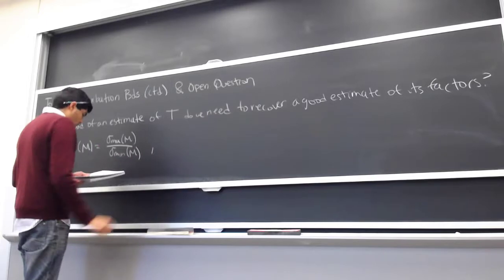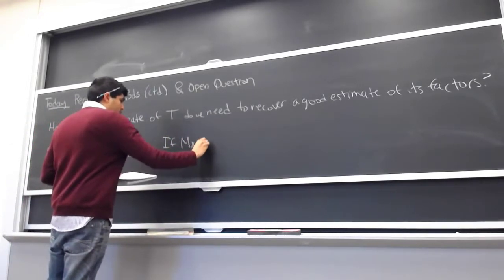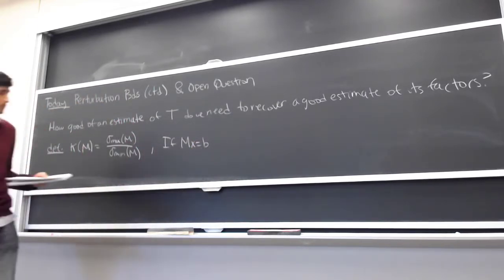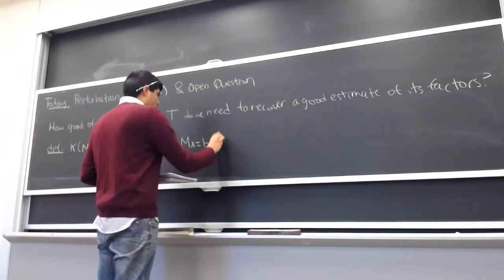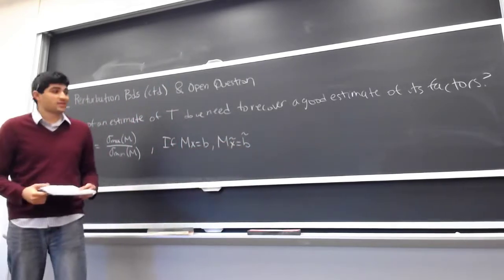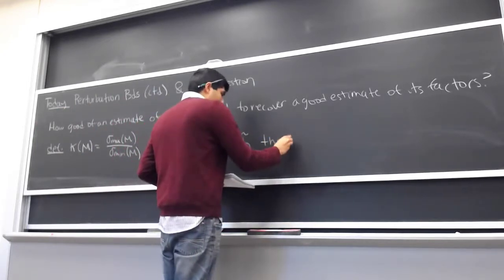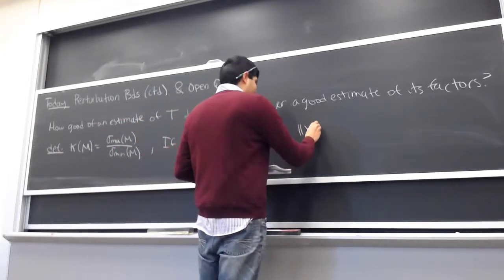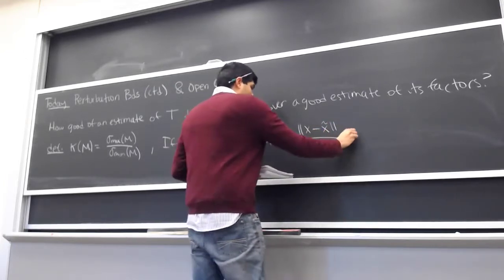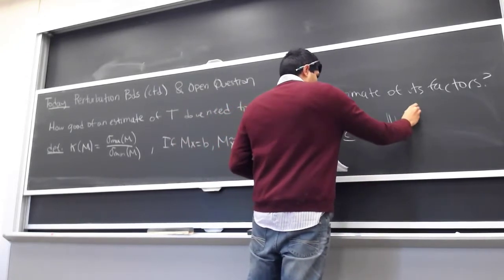And the key result that we showed was that if Mx equals b, the true linear system we wanted to solve, and instead we were given some noisy approximation of the right-hand side, and we solved it nonetheless, then what we showed, a very simple bound to show, was that the condition number controls how much the relative error can increase. So we showed the following type of bound.